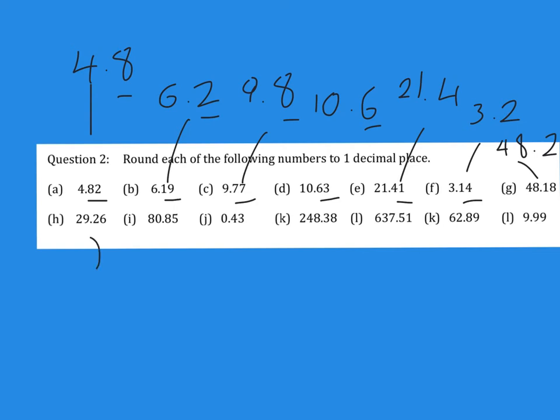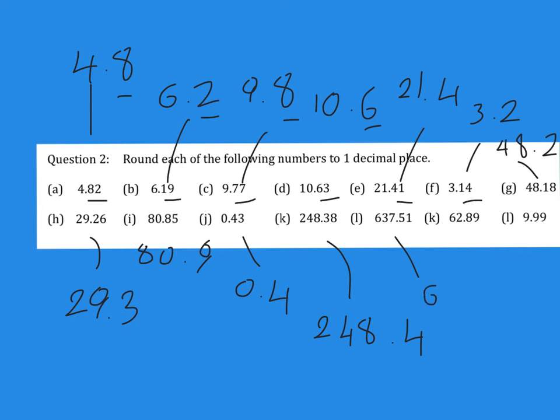So 29.26 is going to be 29.3. 80.85 is going to be 80.9. 0.43 is going to be 0.4. 248.38 is going to be 248.4. 637.51 is going to be 637.5. 62.89 is going to be 62.9.